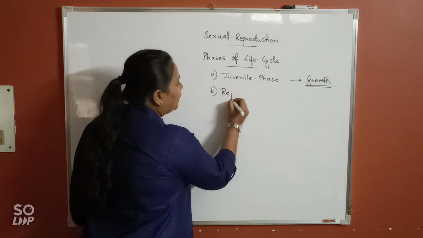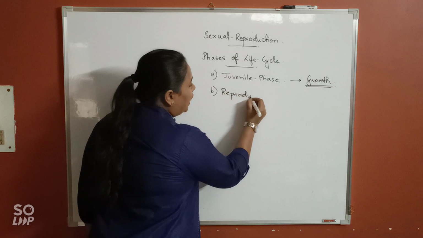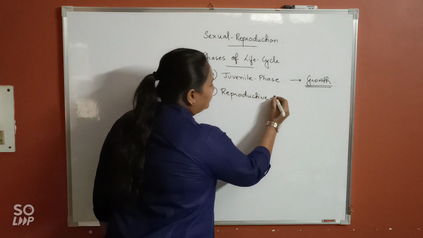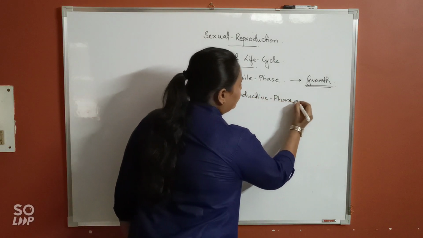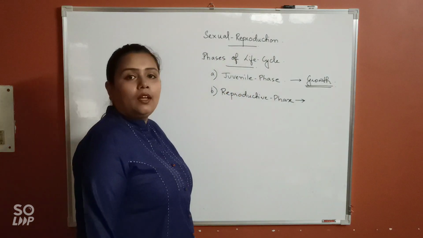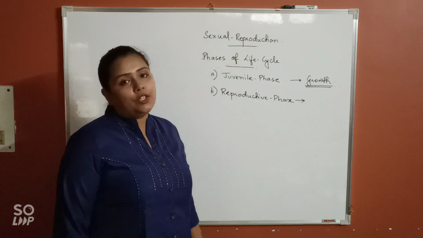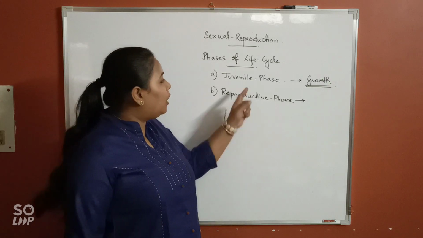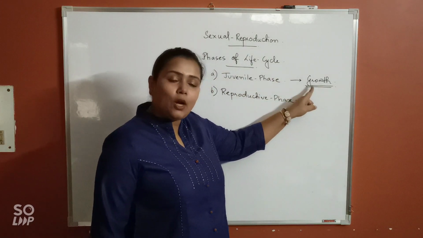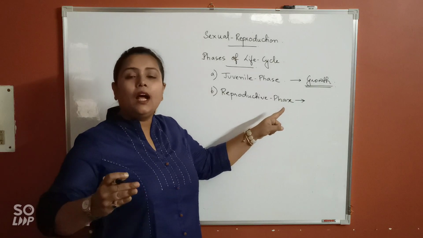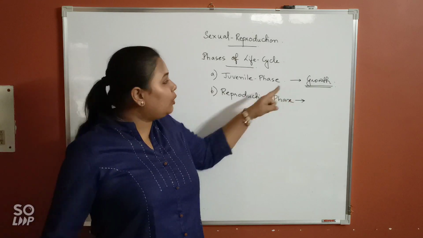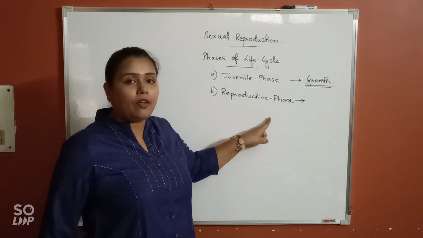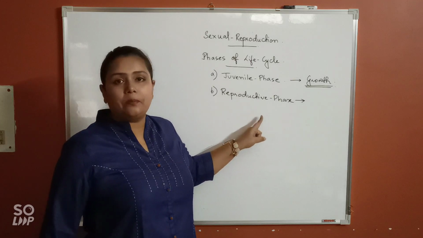Next is reproductive phase. This is going to be the final phase when reproduction would take place. So after growing in the juvenile phase, the organism has now attained a particular maturity so that it has entered the reproductive phase where it can finally reproduce.